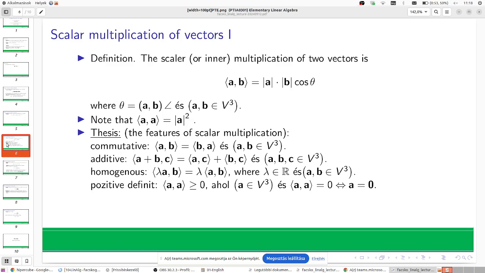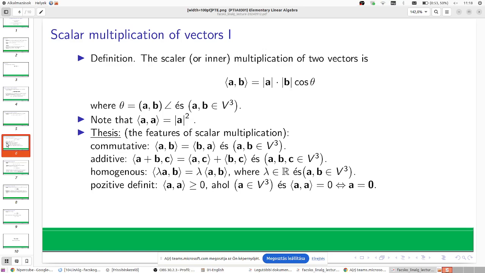First, if you multiply vector B with vector A, then it's the same as multiplying vector A by vector B. So it's commutative. You can change it. There was another word here, but I think it's not very good.